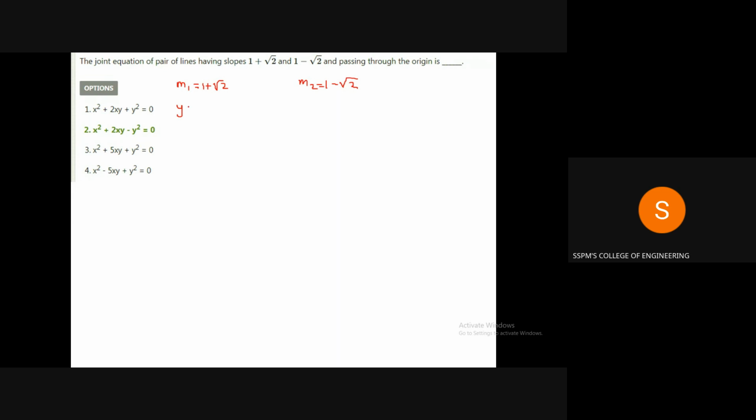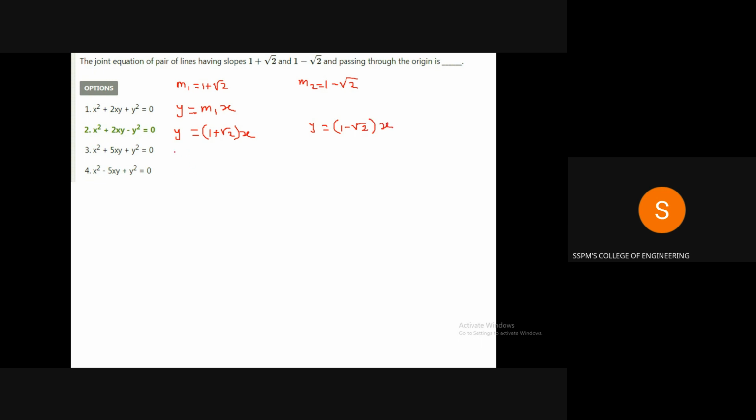Then again, the equation of a line is y is equal to m1x, so we can write y is equal to (1 plus root 2)x, and for the second line it is y is equal to (1 minus root 2)x.